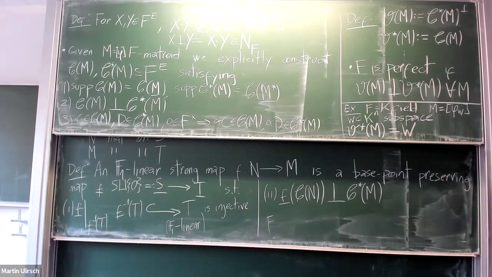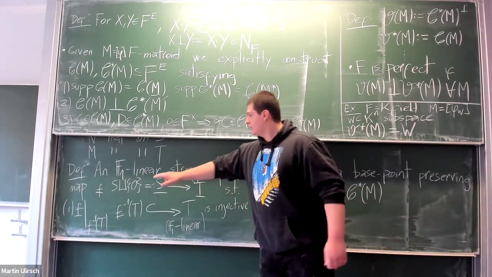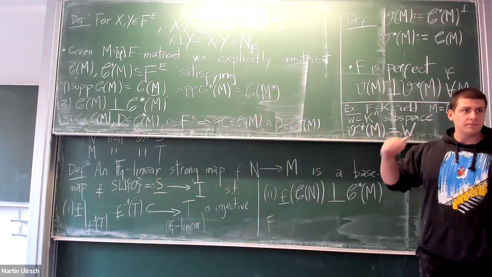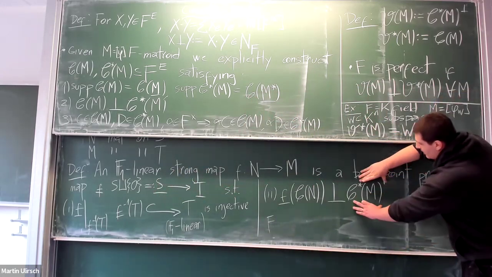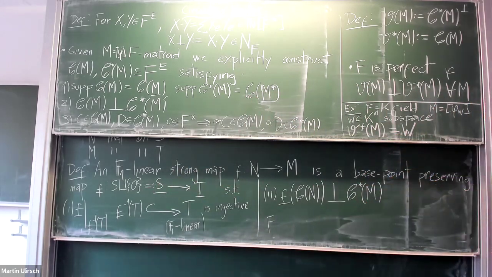One of those is that this map sends circuits to unions of circuits. And the perpendicular sets here are unions of circuits. So that's the relation to classical strong maps.